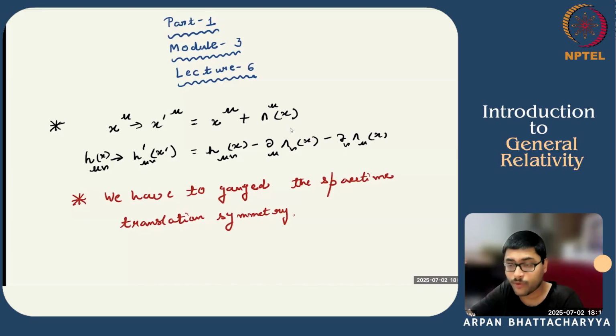Note that we are only working in linear order in h as well as linear order in this capital lambda, the gauge transformation parameters. But in principle, one can extend it, but we are not going to do that. Instead, what we will do is we will directly write down the non-linear version of it and check that it produces this linearized version.